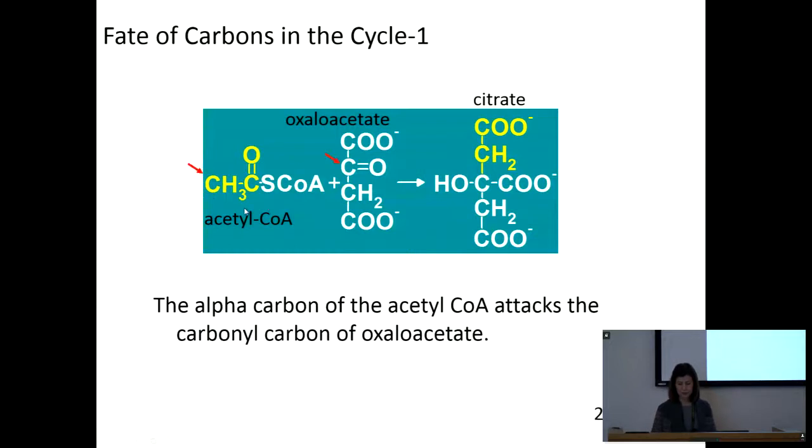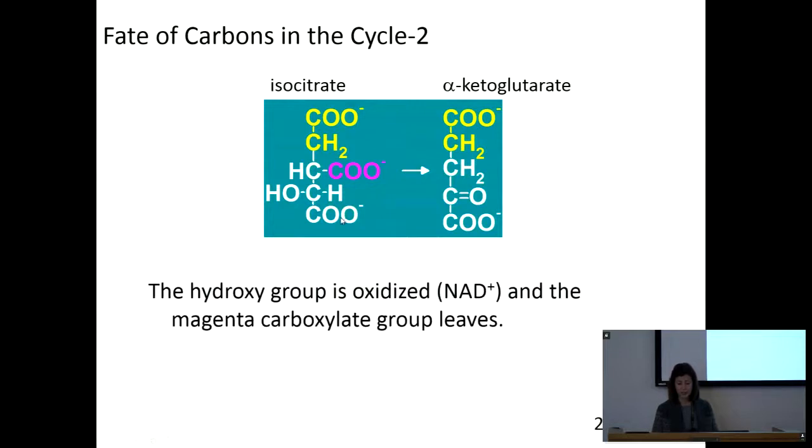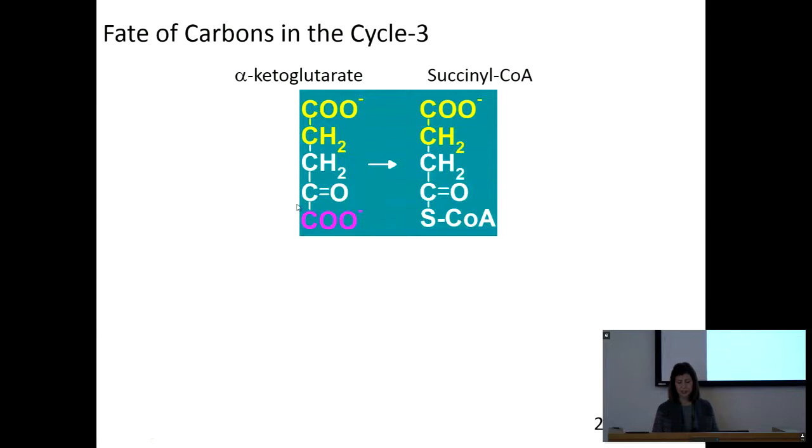Now, the first decarboxylation, remember, is this one. So it's not from the ones that we put in. It's from one that had already been within the cycle. And our second decarboxylation is this last one, not the yellow ones that we put in.